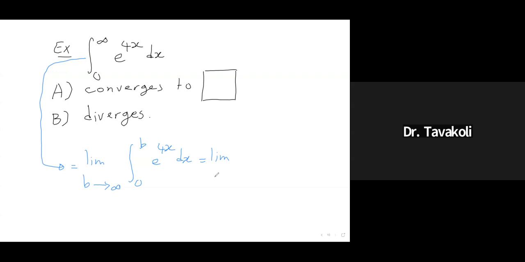Antiderivative of e to the 4x is 1/4 e to the power of 4x. Remember that antiderivative of e to the power of kx is 1 over k times e to the power of kx. And this should be evaluated at the limits of the integral, I mean 0 and b.